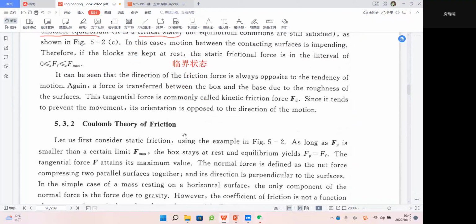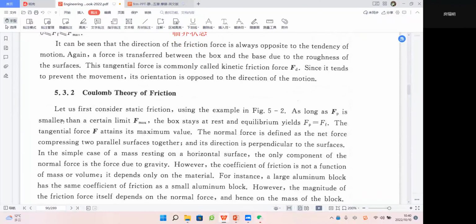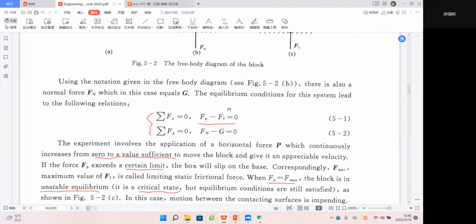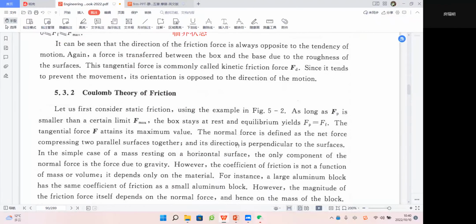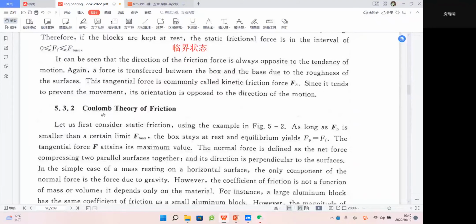So please pay attention here. This is a very important point. I hope you guys will know that. So let us first consider static friction using the example in this figure. Right, in this figure. As long as Fp is smaller than a certain limit Fmax, we have this condition.